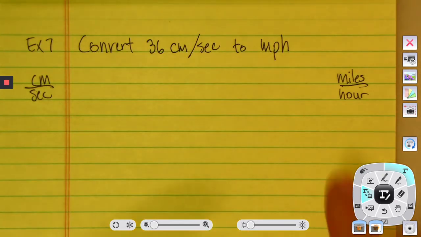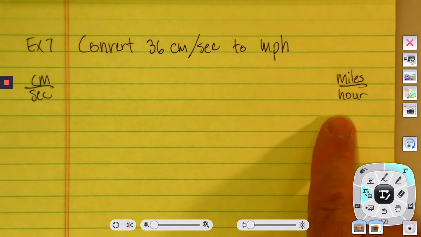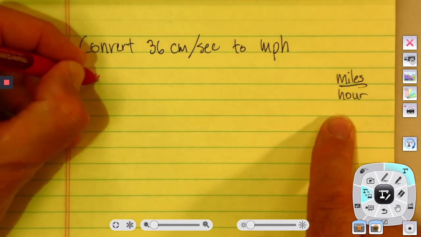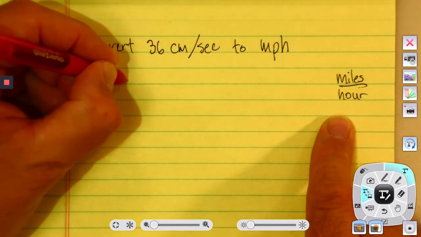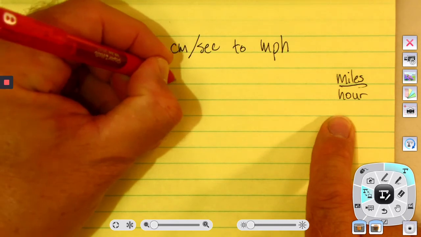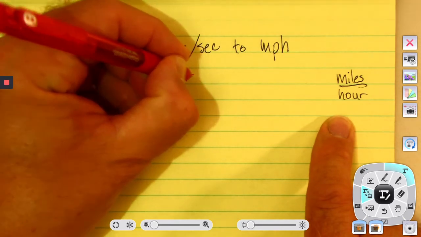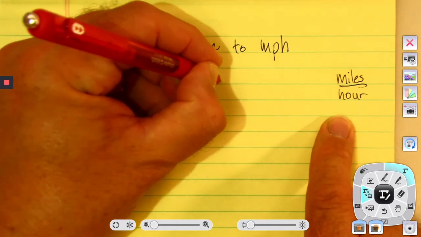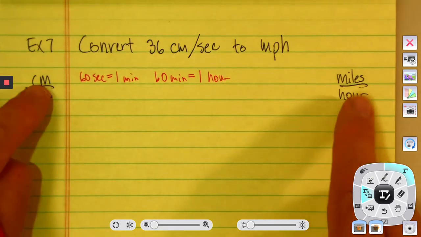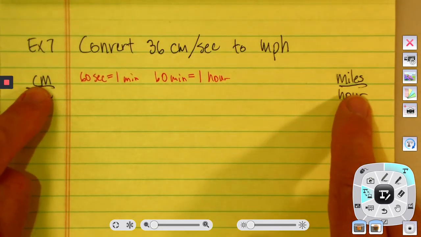Let's take care of the time one first. We know there are 60 seconds in 1 minute, and 60 minutes in 1 hour. So we've gone from seconds to hours. Then I'm going to go from centimeters to miles.